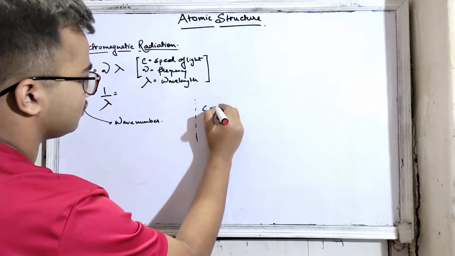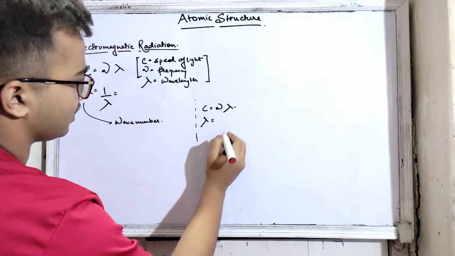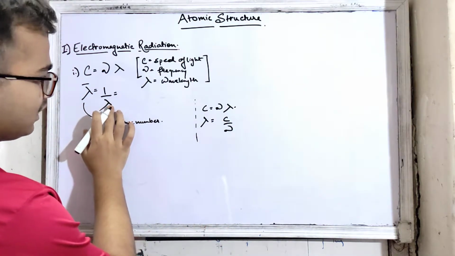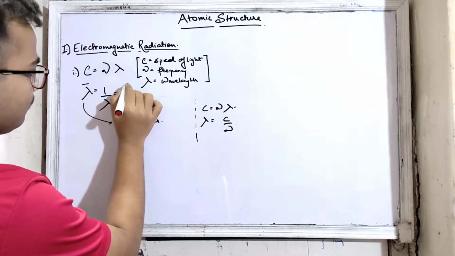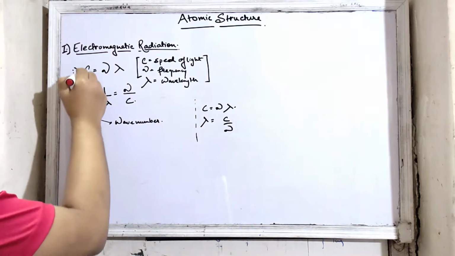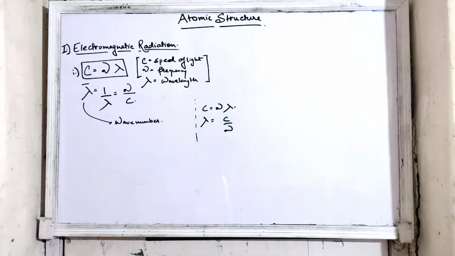We substitute lambda, it becomes C by nu. Now we put lambda over here, so it will become the reciprocal, nu by C. But the main formula is this one, C equal to nu lambda.